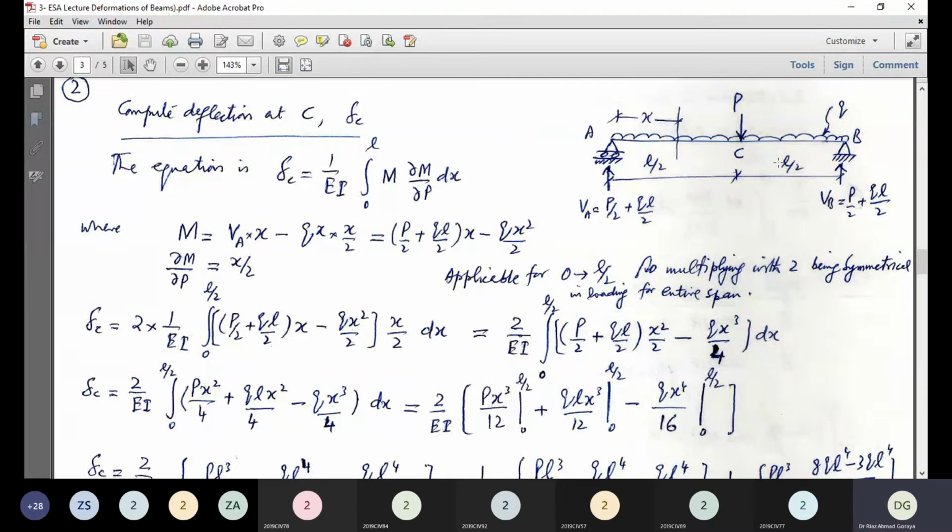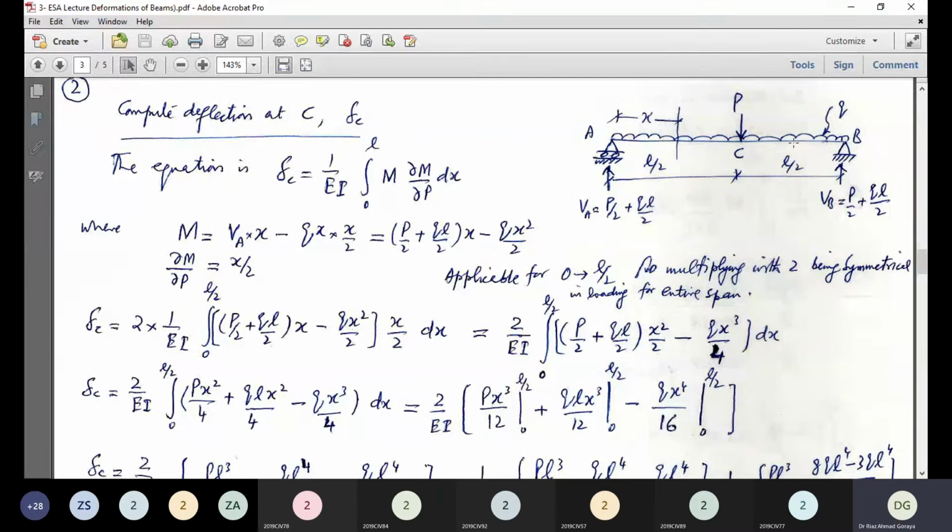So first of all, what we have to do in this problem, we have to compute the deflection at C, delta C. So first of all, we have to compute the reactions. Due to this P, it is P by 2 because midpoint pe hai, it is P by 2.